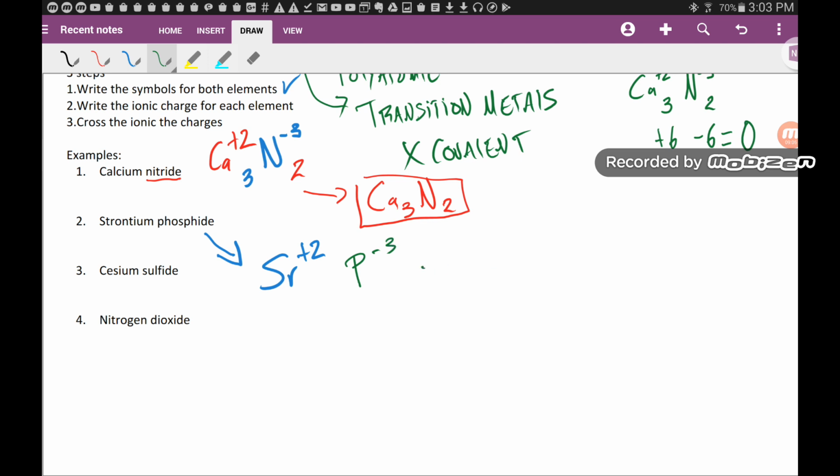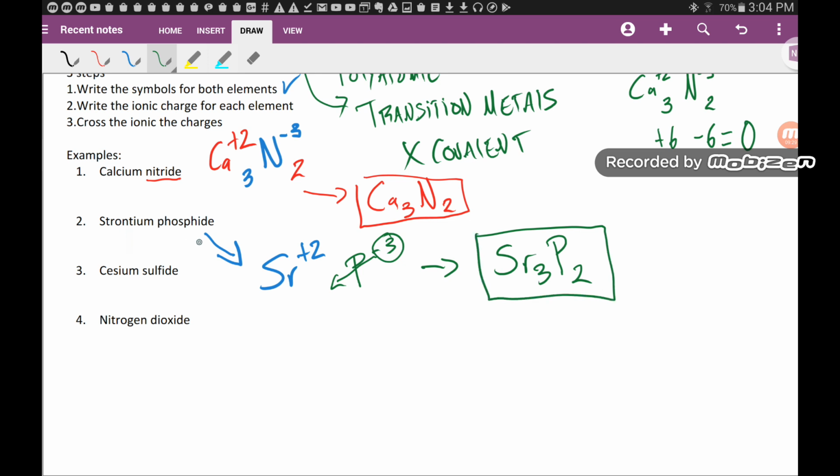And after we cross the charges, we get Sr 3. The 3 goes from here to there, and then the next element is phosphorus, and this 2 is gonna go with phosphorus, and this is gonna be your formula for strontium phosphide.